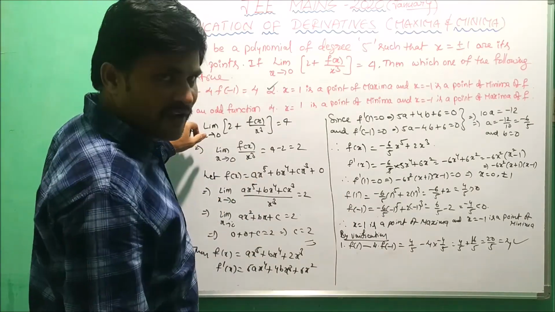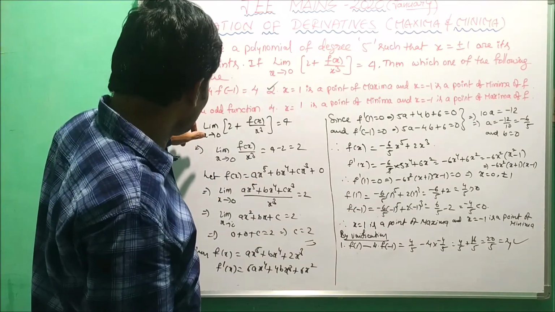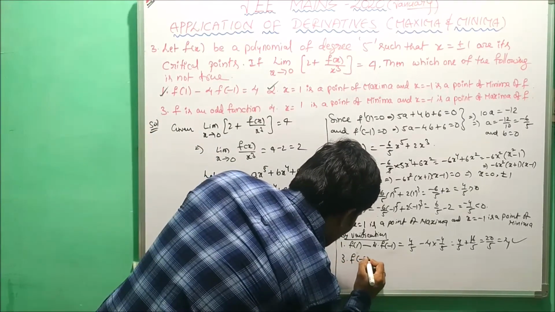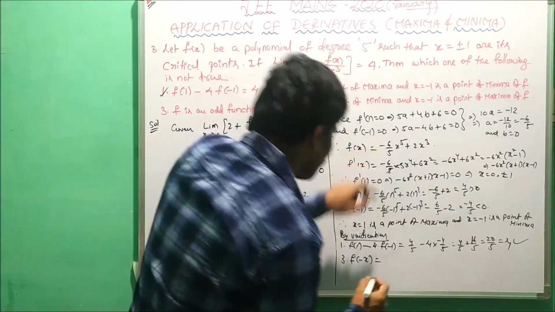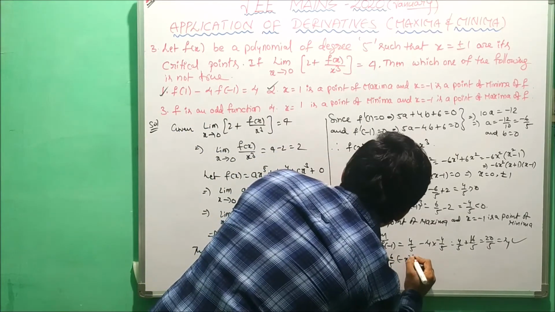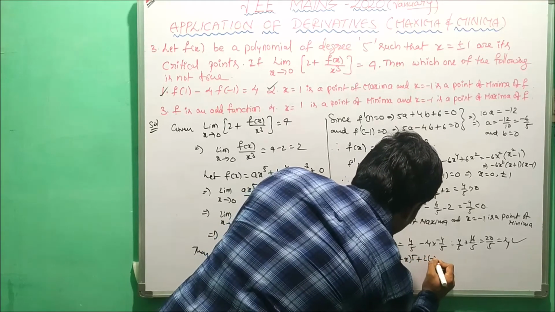Similarly, third one, f is an odd function. Now we substitute x by minus x, so that is f of minus x. F of minus x means minus 6 by 5 into minus x whole power 5 plus 2 into minus x whole cube.